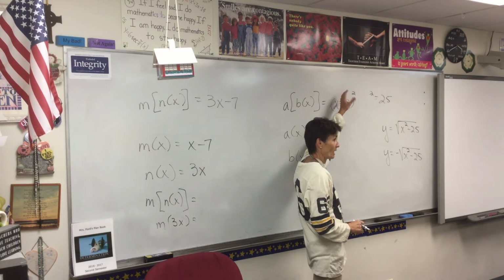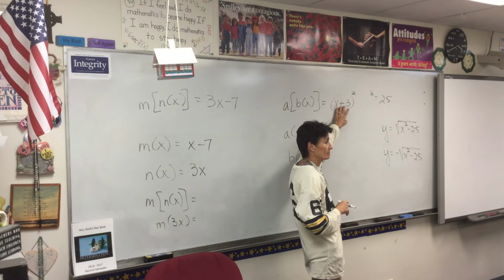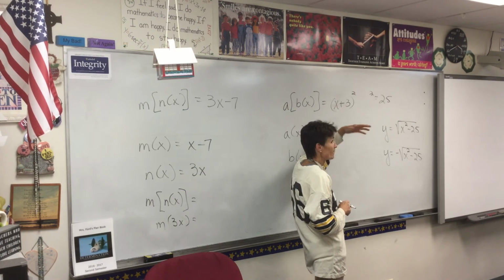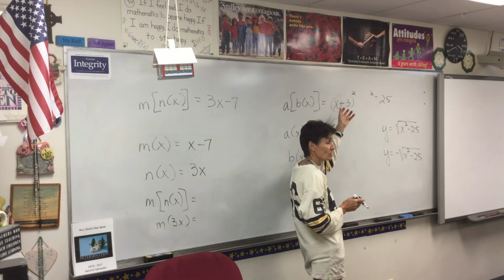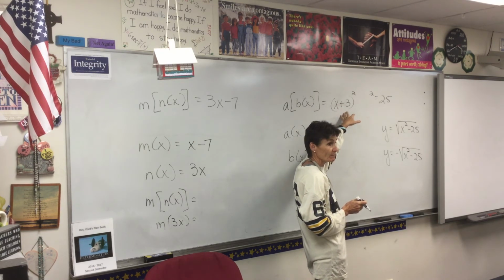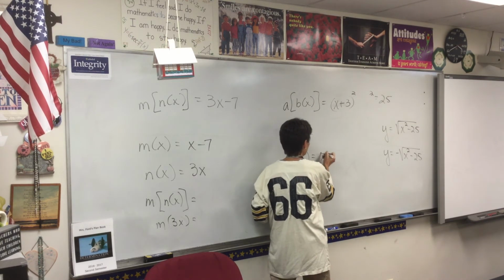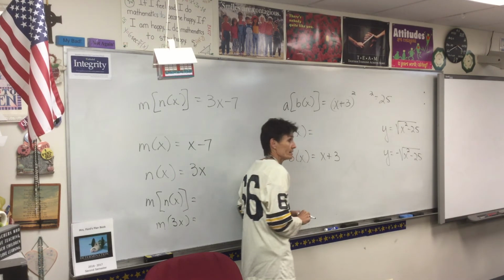If I plugged a number like 10 into this, what would have to be the first thing? Would you square first? No, wouldn't you add 3 first? So the first function, which would be the b function, has to be add 3.